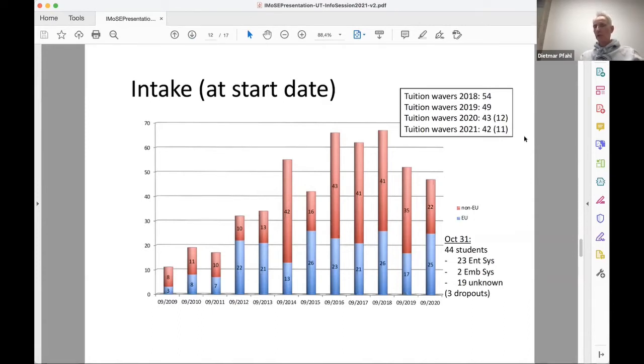And unfortunately, it can also not be shifted if one of the EU student seats or waivers is not taken by a student, which normally doesn't happen. But if it would happen, we couldn't move this tuition waiver to an international student. It's just a university regulation.